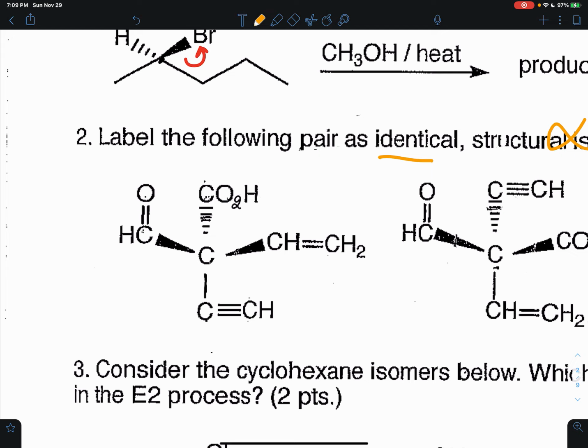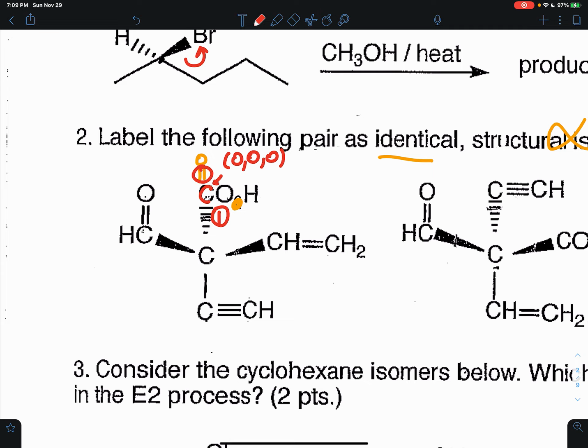We know that this CO2H here is a carboxylic acid, so we have a C double bond O and an OH. To see which has the highest priority, we have to look at the biggest group. This carbon is connected technically to three oxygens, because the double bond counts as two oxygens, so this one has the highest priority.